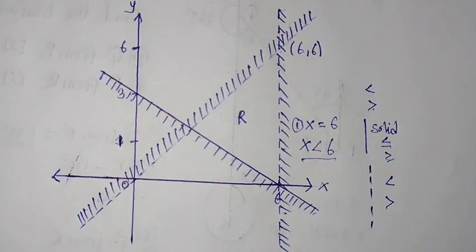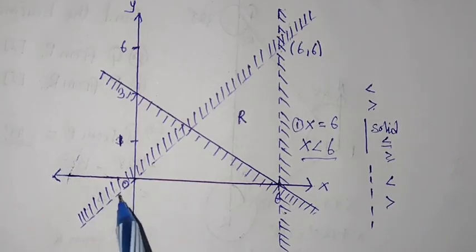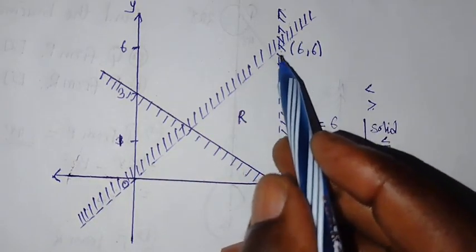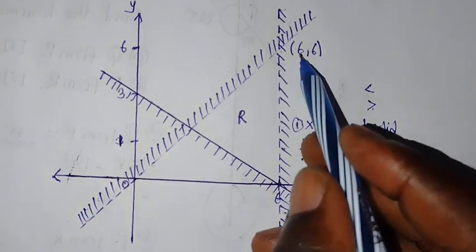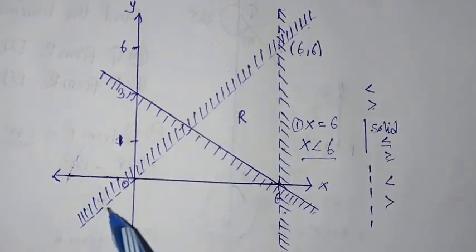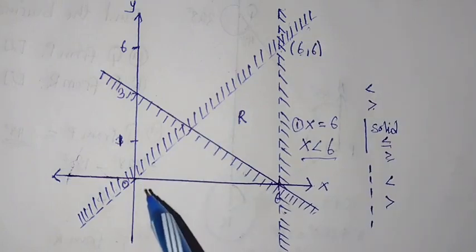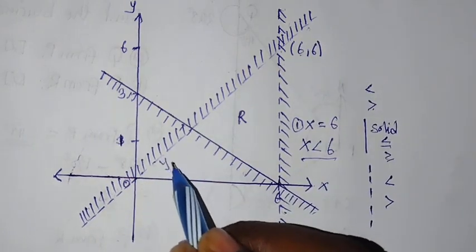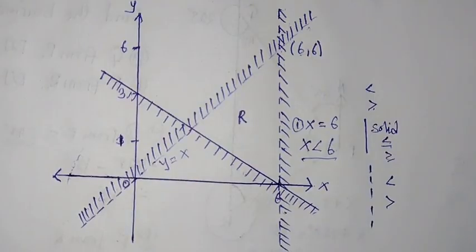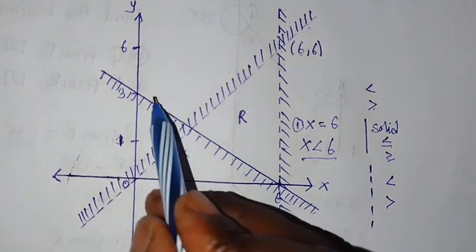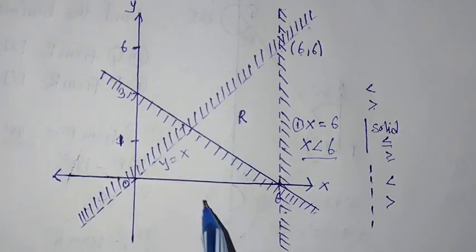Now we also look at the other line, which is simple. You can see this line that is passing through the origin, which is at (0, 0) and (6, 6), this one right here. When you look at the properties of the graph, this is the line y is equal to x. To define this line, we normally say the upper region is greater, the lower region is less.